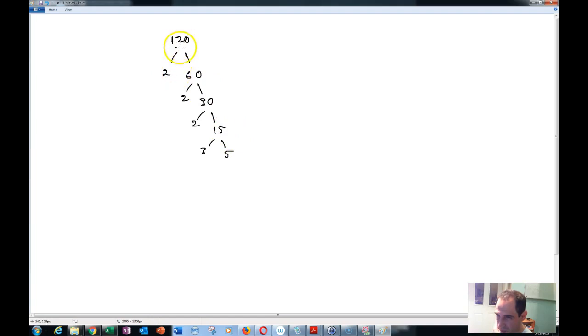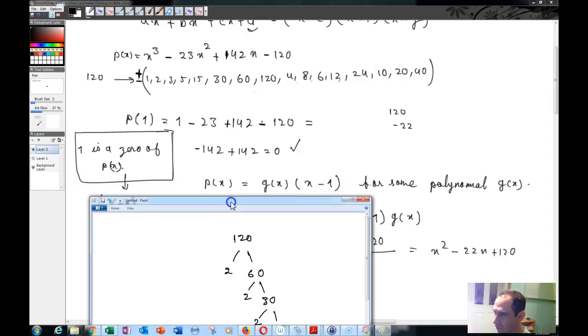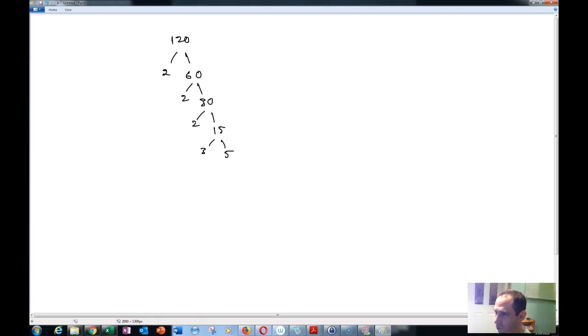So you can write 120 as, for example, 2 times 60, which is not going to help me, or 4 times 30. The two numbers that I have are 120 and negative 22. This is the product. This is the sum. And so you see the product is actually positive, the sum is negative.